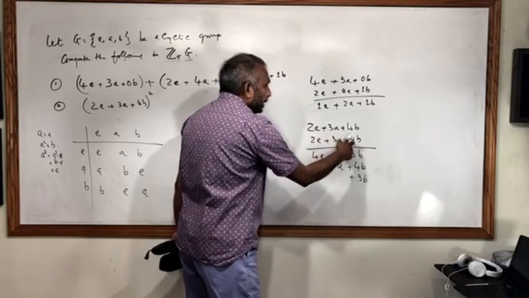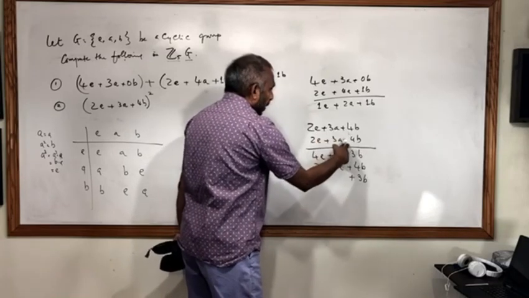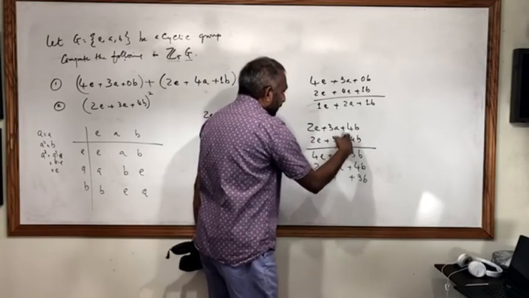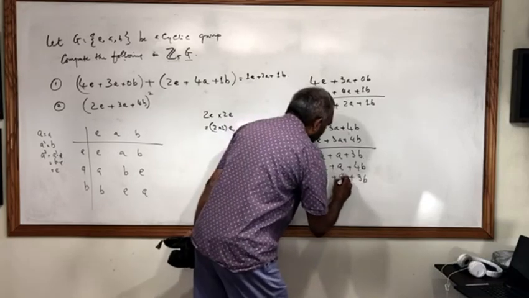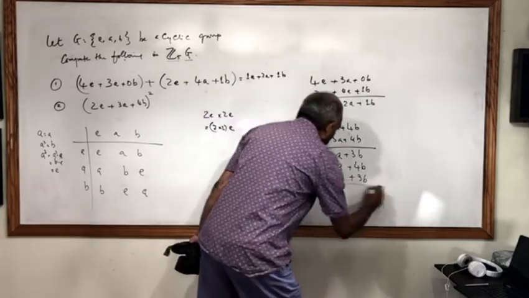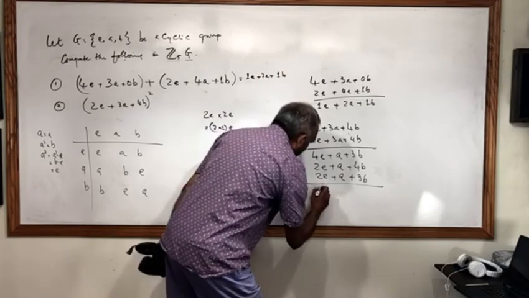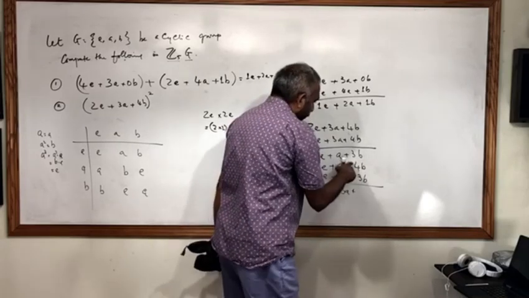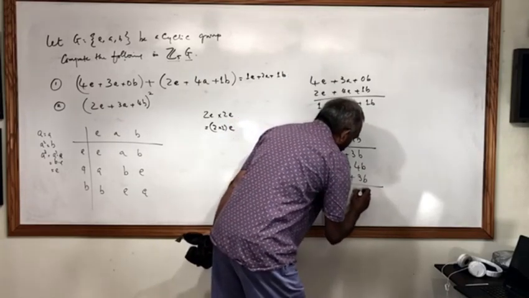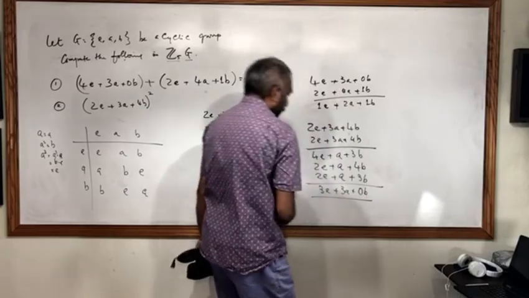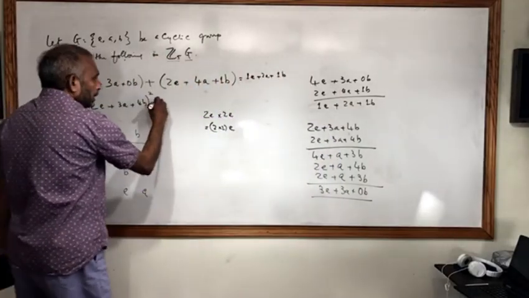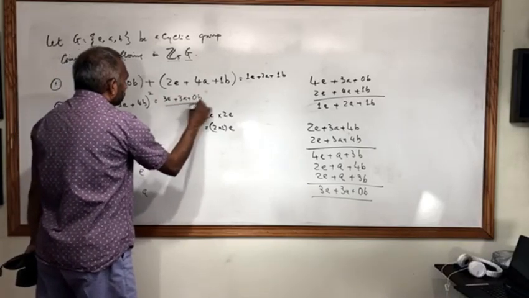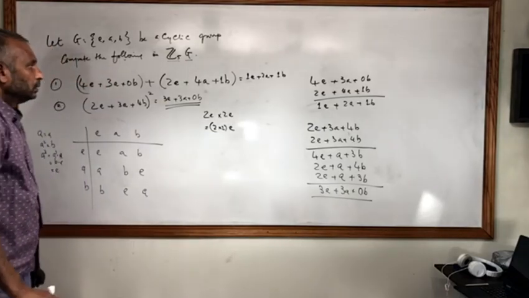Then 12ab, so 2e. Then 16b squared, 16 is 1, b squared is a, so 1a. Adding up, this is going to be 3e + 3a + 0b.